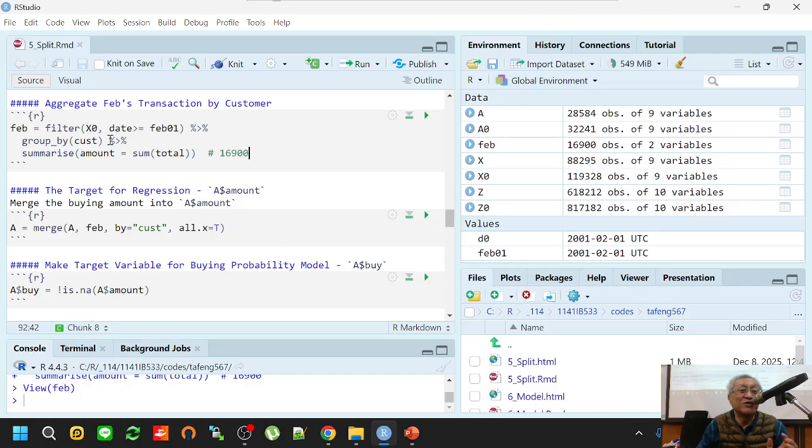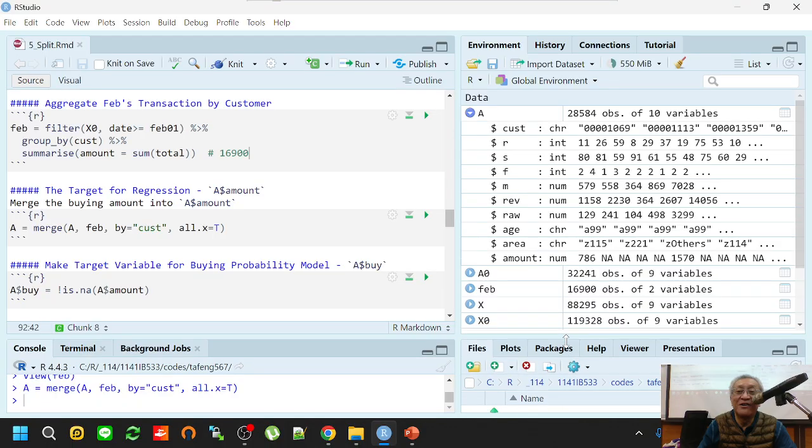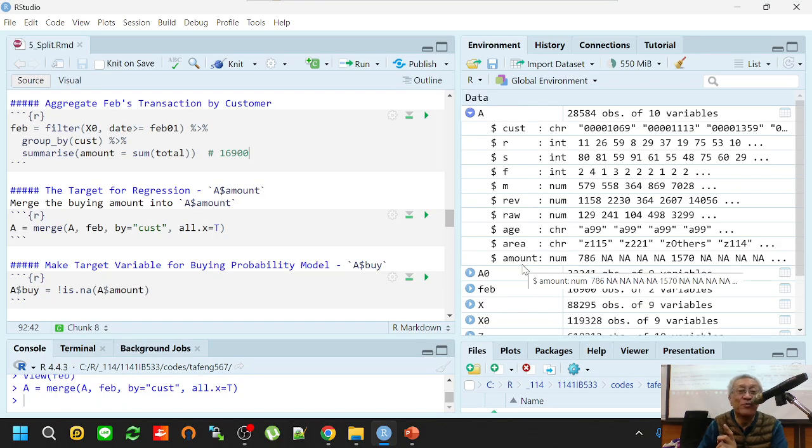When we merge it into the A data frame, the data frame will remain the same, the number of customers here, and there will be one more variable merged from February. This variable would be either NA or have a number. If it is NA, it means that this customer does not buy in February. If it has a value, it means that this customer buys in February, right?